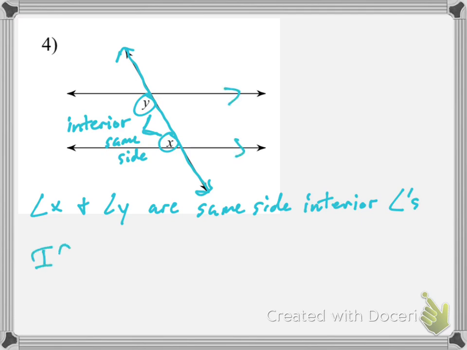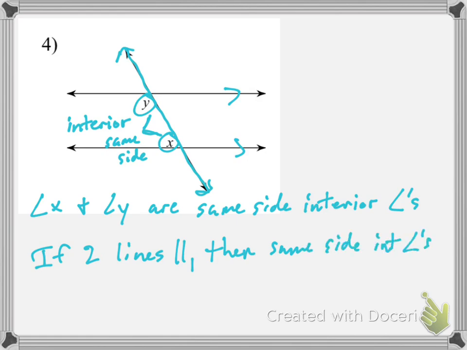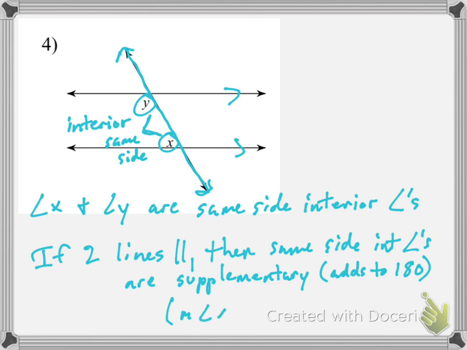If the two lines are parallel, then same side interior angles are supplementary. Now, there's a word we have not heard in a while. Supplementary means the two angles add to 180. So the measure of angle X plus the measure of angle Y equals 180 degrees. So those are not congruent.